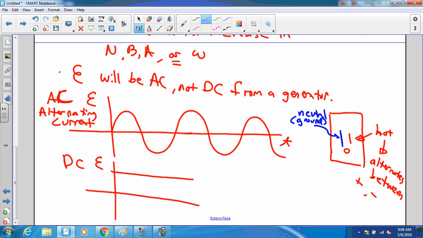Specifically, it is going to alternate between plus and minus 165 volts in the United States. In Europe, it's actually a larger number. In Europe, it's going to alternate between plus or minus 300 volts, which is humongous.